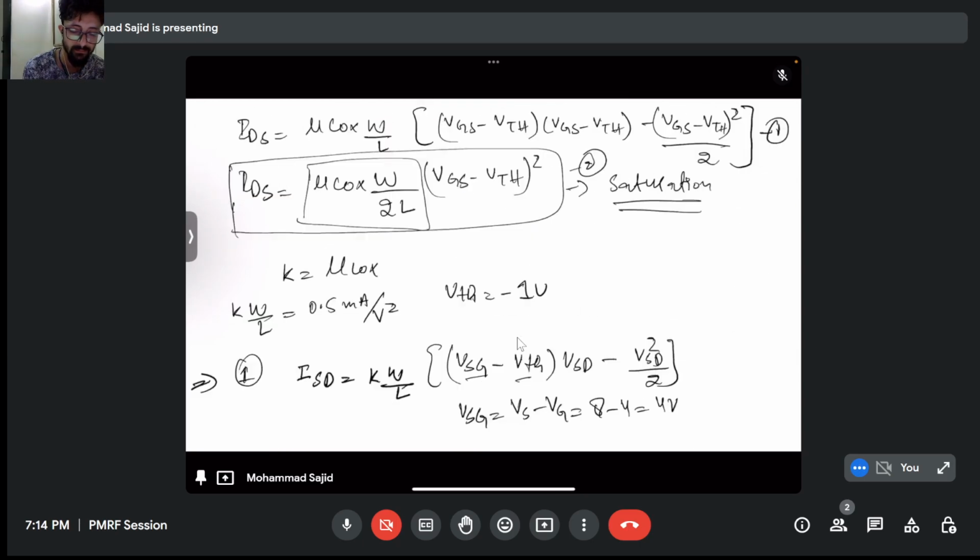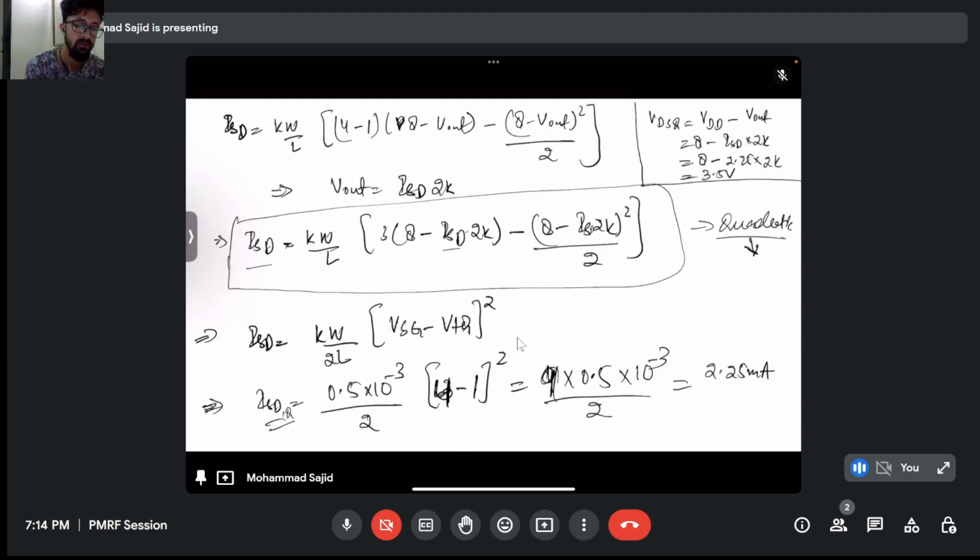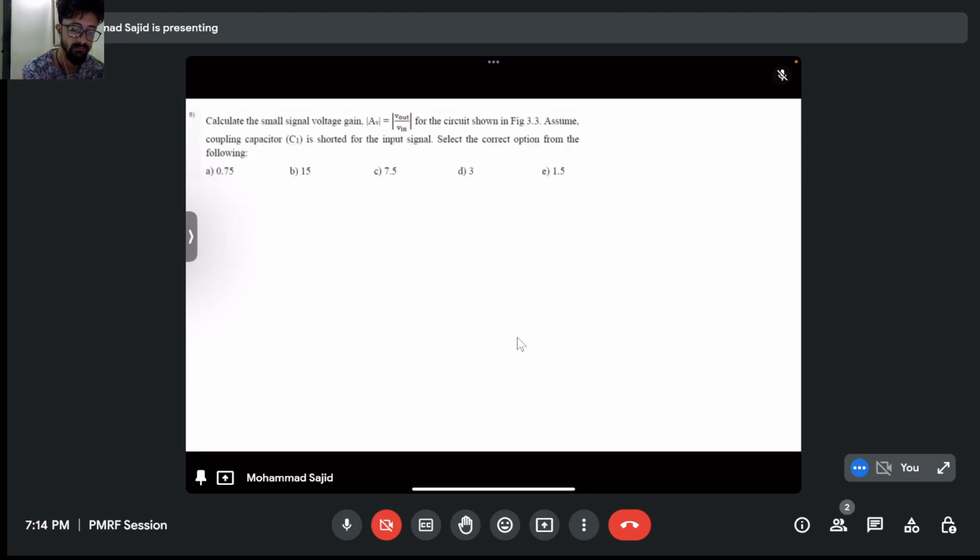Okay, moving on. Now we have to calculate a small signal voltage gain for the same circuit. Let's again draw the small signal circuit.